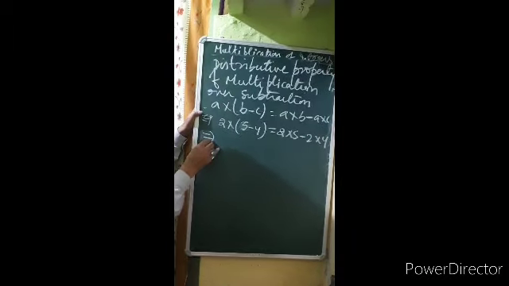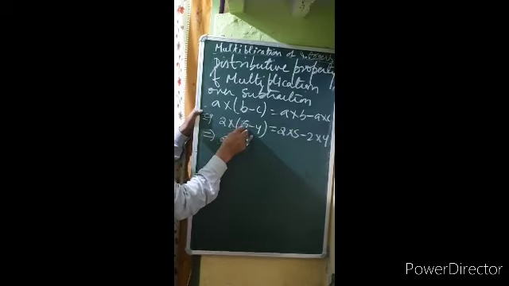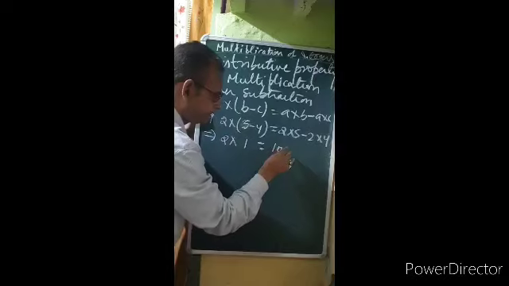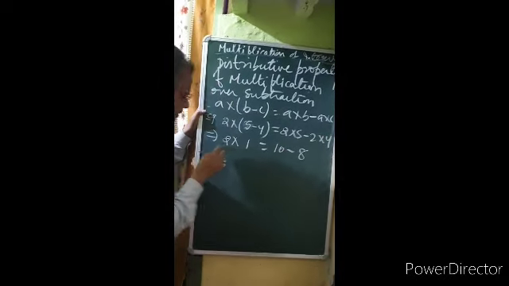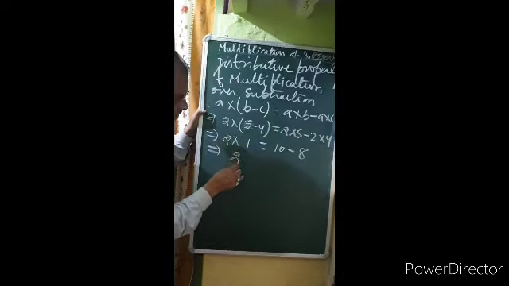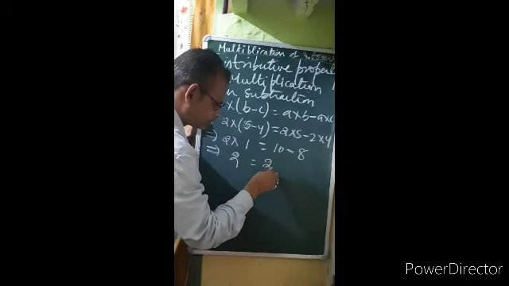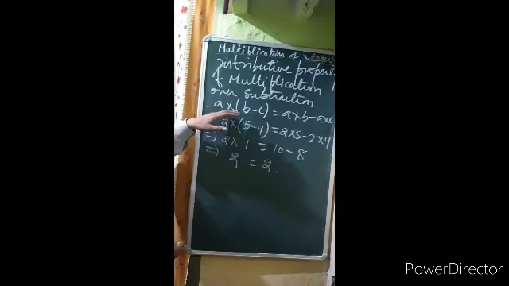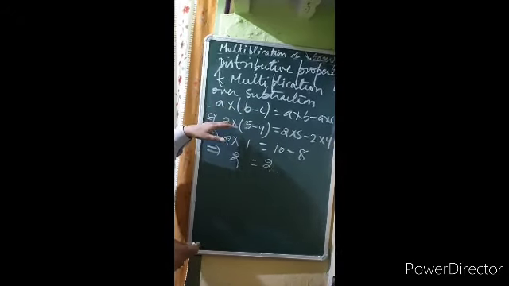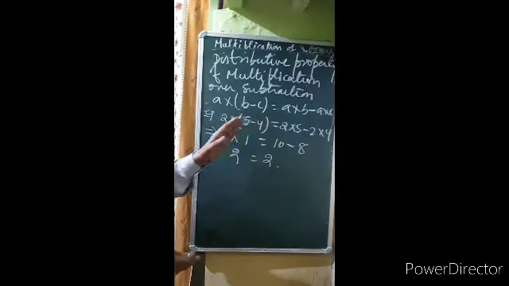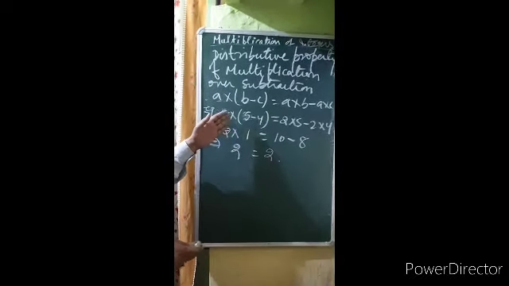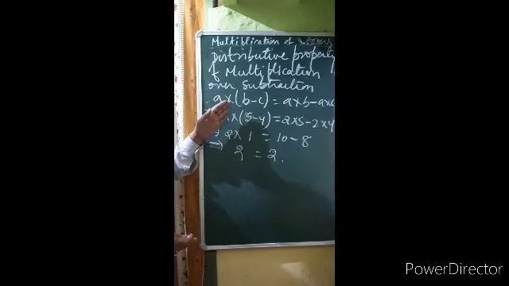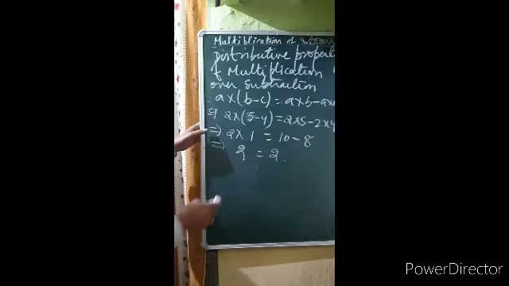Let us see. 2 multiplied by (5 minus 4), which is 1, is equal to 2 fives are 10 minus 4 twos are 8. Now here 2 ones are 2, and 10 minus 8 is also 2. So here we see the distributive property of multiplication over subtraction. Earlier we studied that the distributive property of multiplication is also true over addition. So this is true.